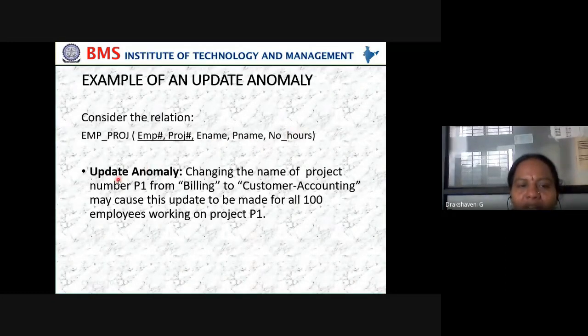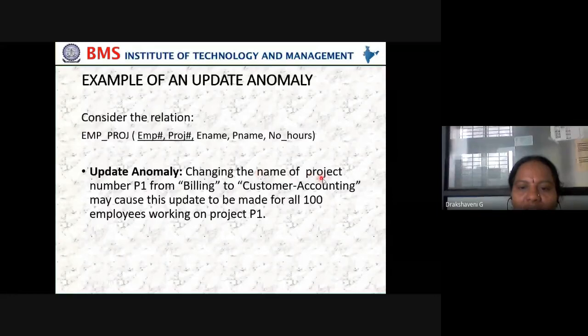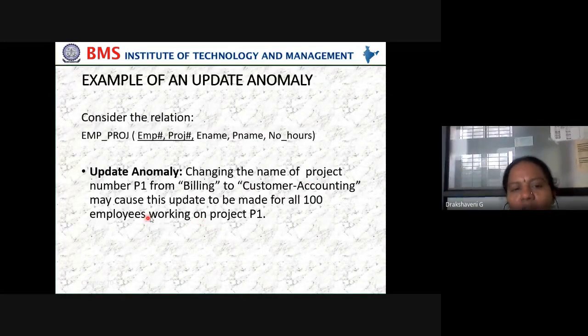The update anomaly is changing the name of the project number P1 from billing to customer account, which may cause this update to be made for all 100 employees working on project P1.